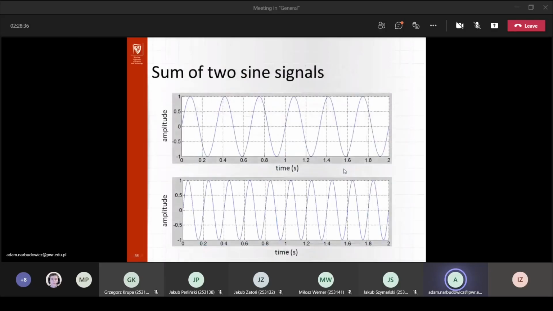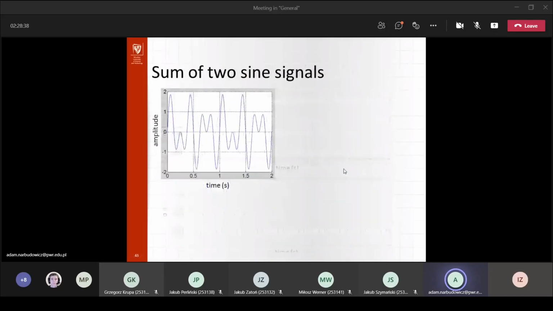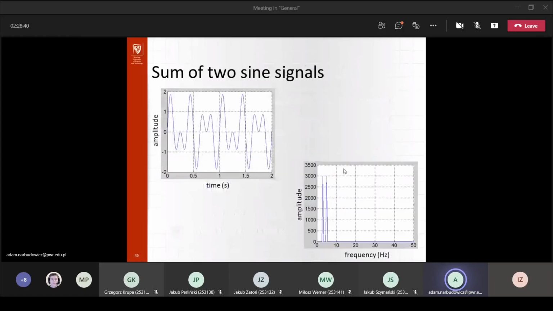Now, if we consider the sum of two sine signals, we can add them, right? But then in the frequency domain, you should still be able to separate them, right? In this case, of course, this might seem trivial that it's a sum of two sine functions.